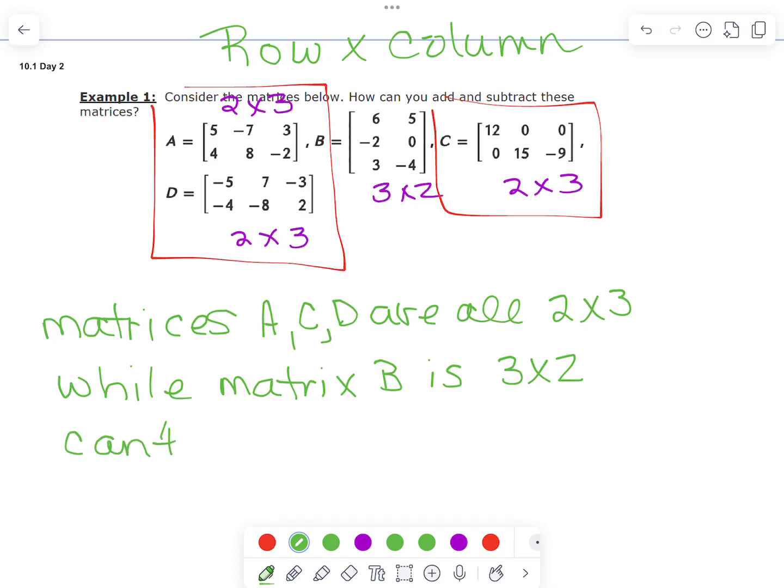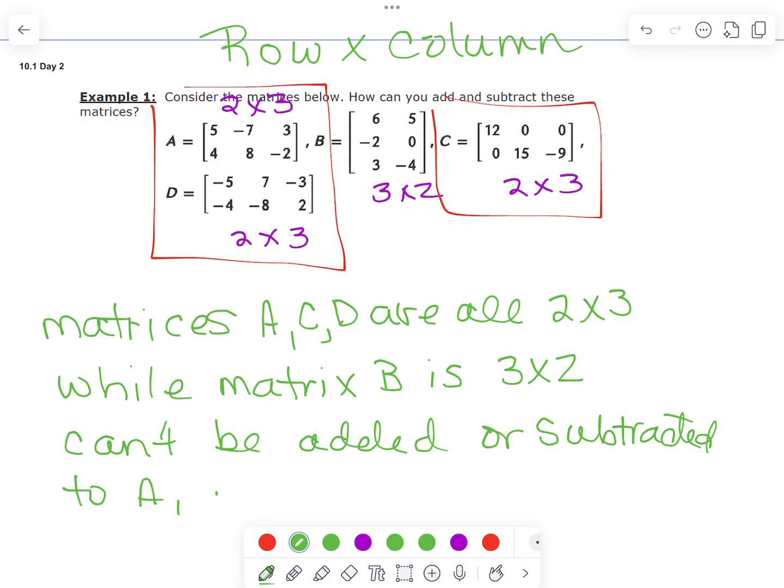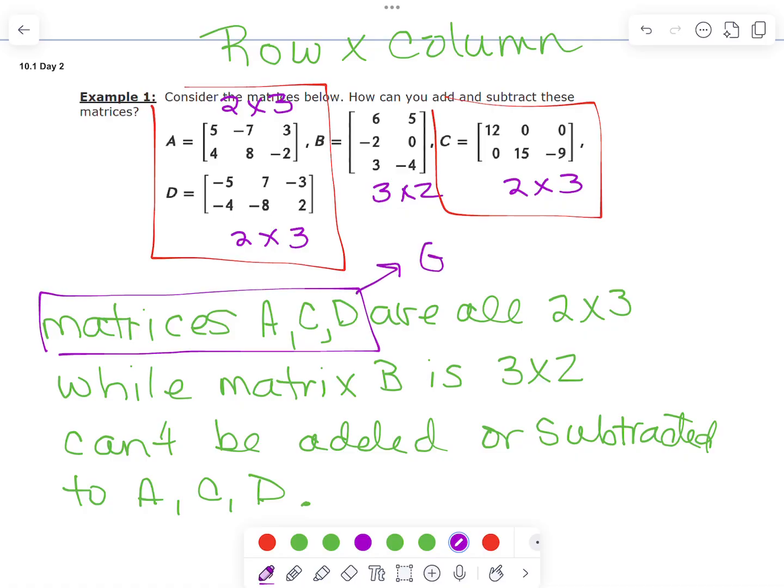Can't be added or subtracted to A, C, or D. So you essentially can add or subtract with these 3, they are good, but matrix B you would not want to work with.